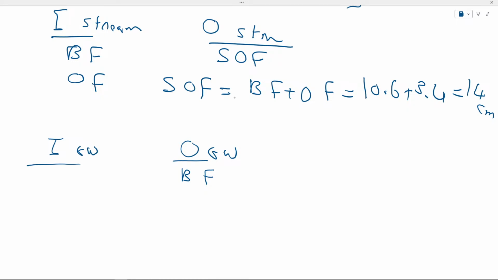Remember, the recharge that is coming to the groundwater would be what will infiltrate from the precipitation.